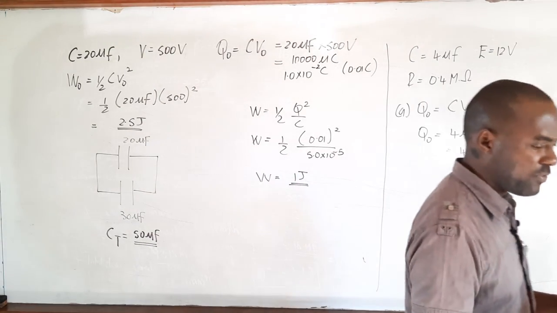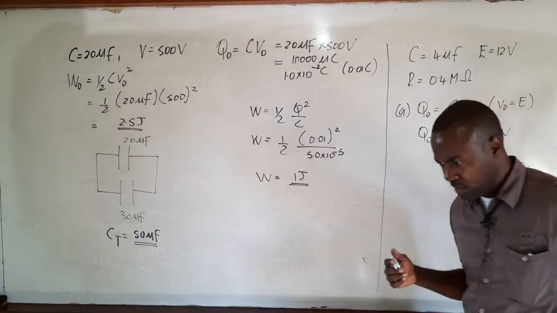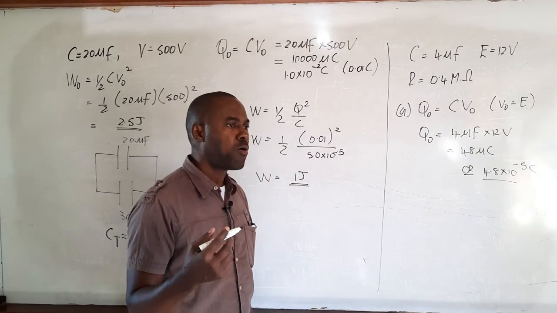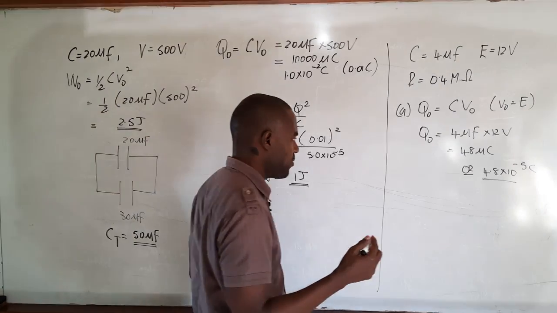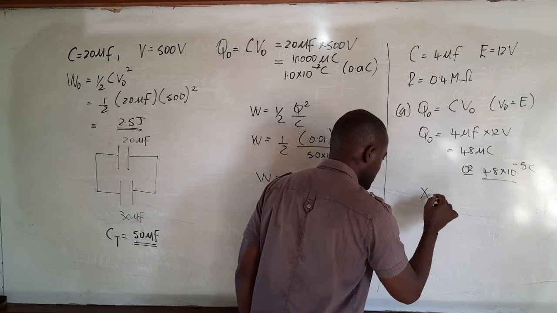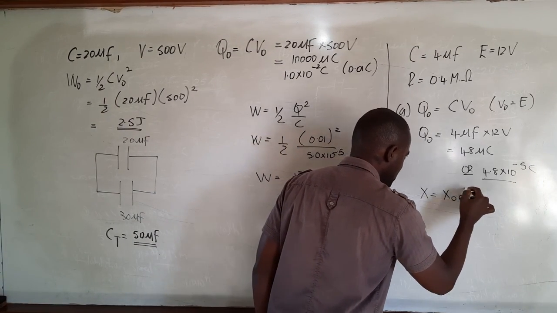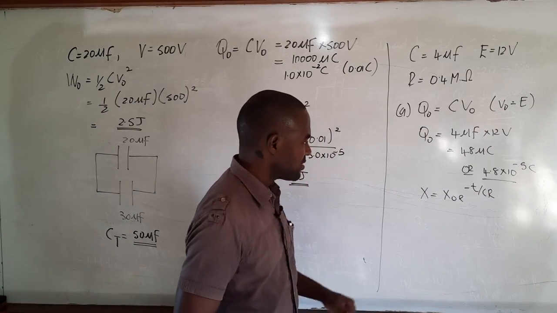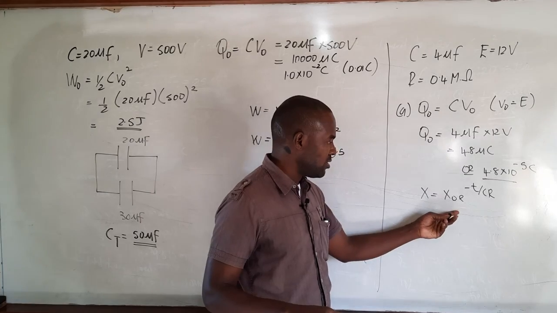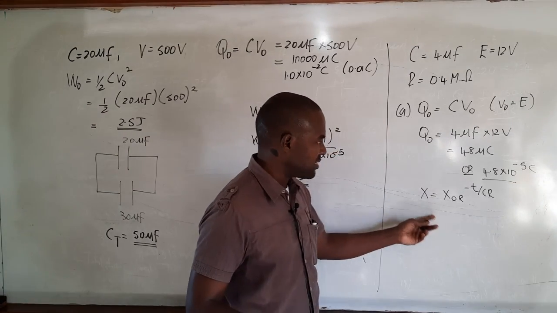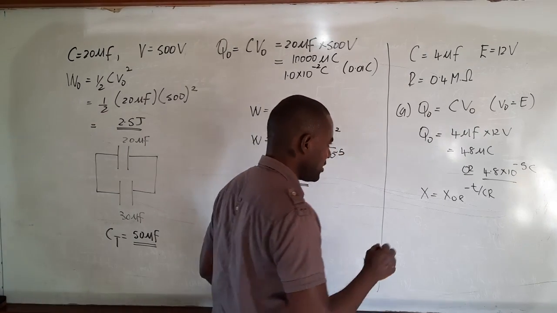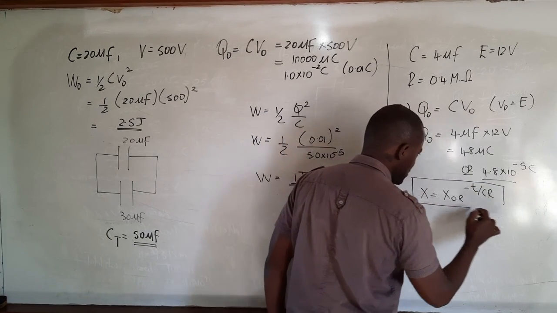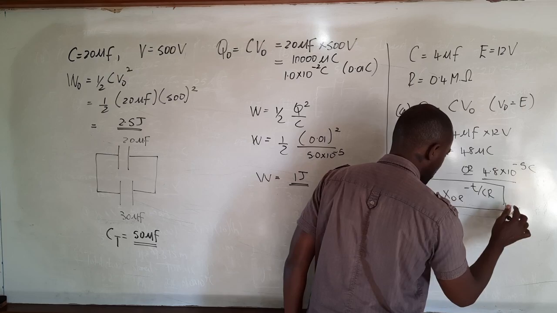Now, whenever we have a discharging capacitor, the discharging equation relating current, voltage, or charge takes the form X equals X naught E to the minus T over CR, where X naught, of course, is a particular value at time T equals 0, and X is the value at time T. In this particular case, X could be either current, voltage, or charge.